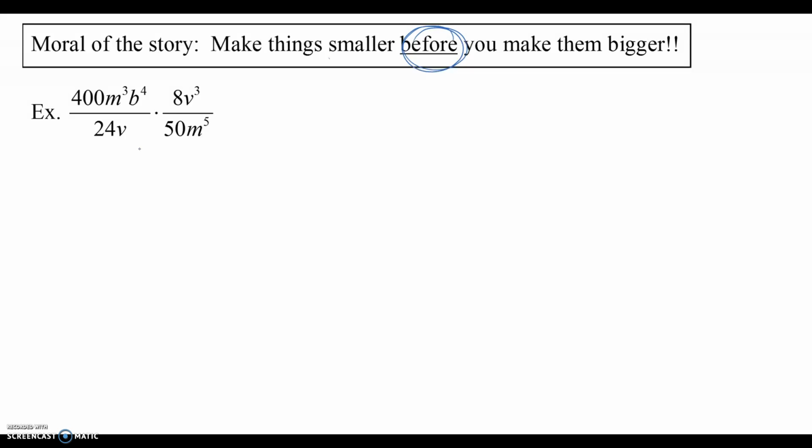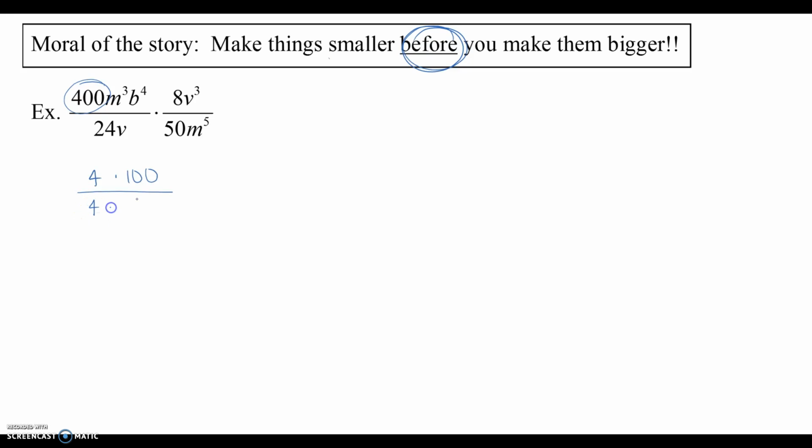So what we want to do here is I would ask myself, well, what is 400? So we could rewrite this as 4 times 100 over, what is 24 the same as?